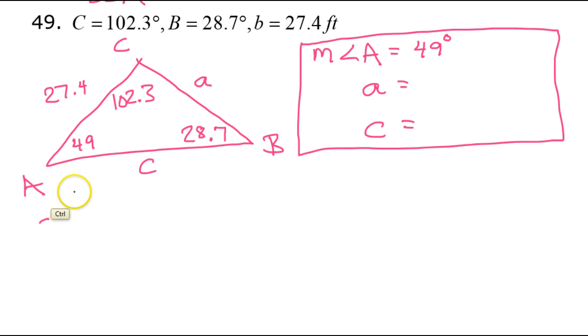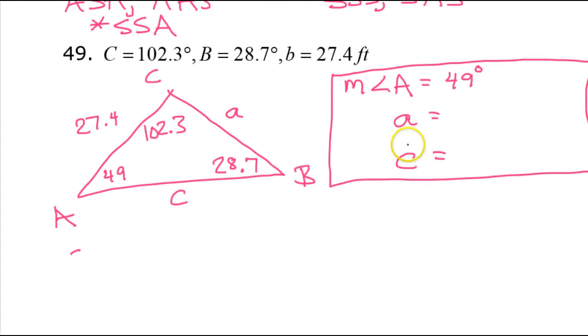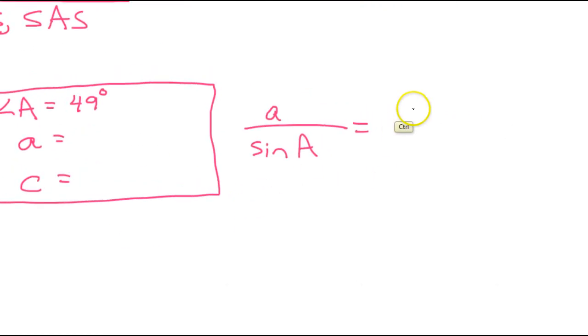So I would have side A over the sine of angle A, and that should equal, I'm noticing that we have both side B and angle B, so I'm going to use that. So this should equal side B over the sine of angle B. That's the law of sines working for you.